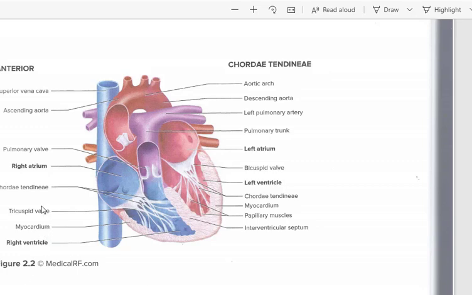All right, is there anything we didn't cover over here? I think we hit every last thing. Ascending aorta, okay, aortic arch. And then there's the inferior vena cava coming in and dumping. And there's the superior vena cava. So the vena means vein, means this is not an artery.